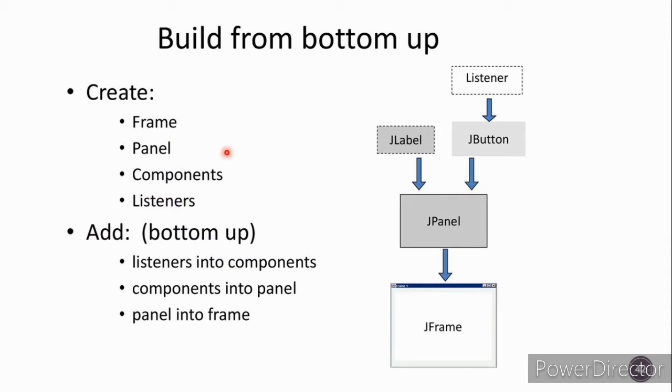See here, in last class we have discussed how to build GUI applications. While creating GUI applications, first we add the top level containers, next low level containers, then components, and if you want to handle the events we add listeners.